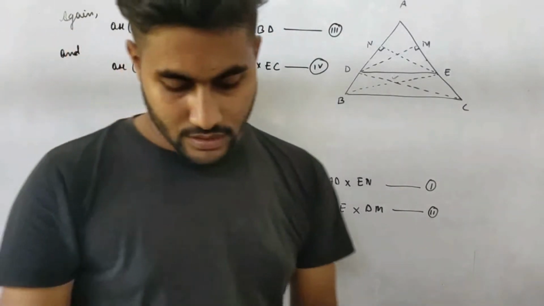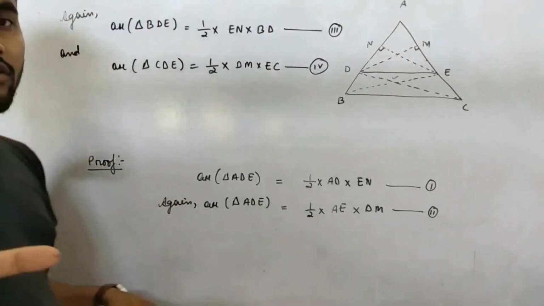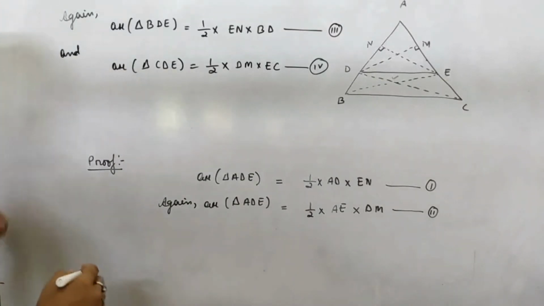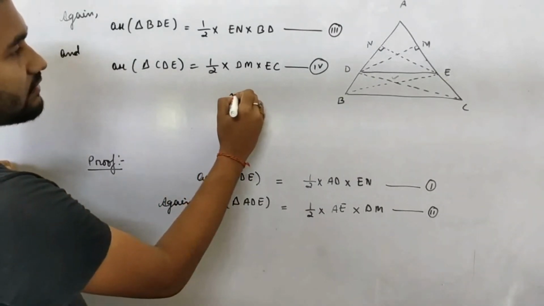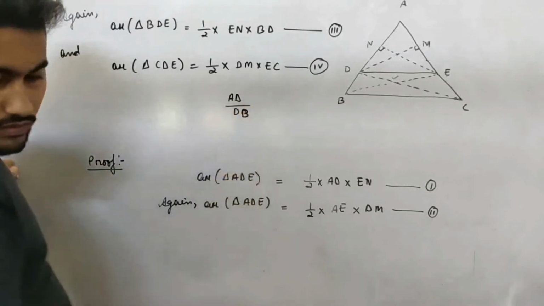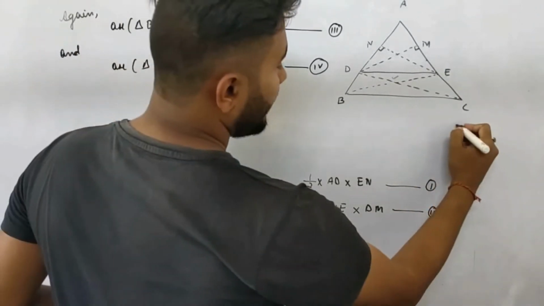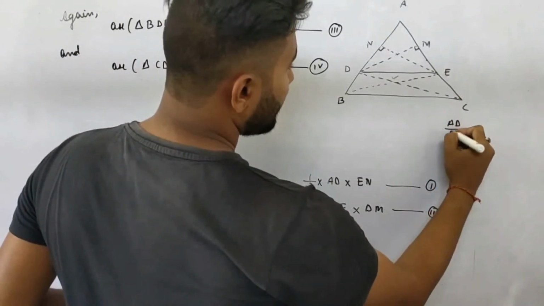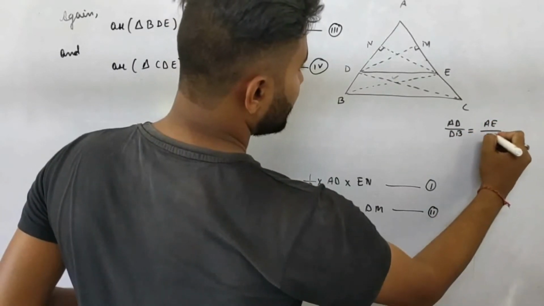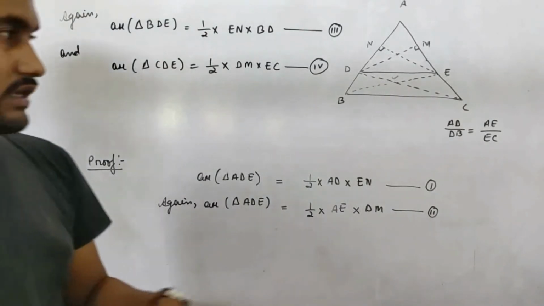Now what to do? Don't memorize this part. Simply check your to-prove section. What have I written in the to-prove section? AD by DB is equal to AE by EC. This we have to prove in this theorem.